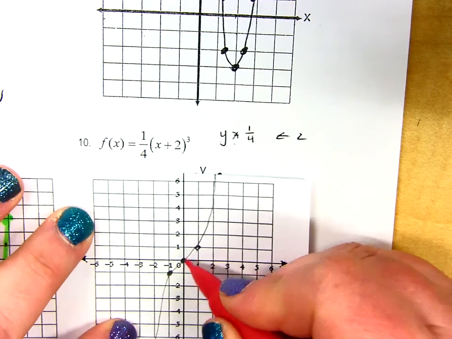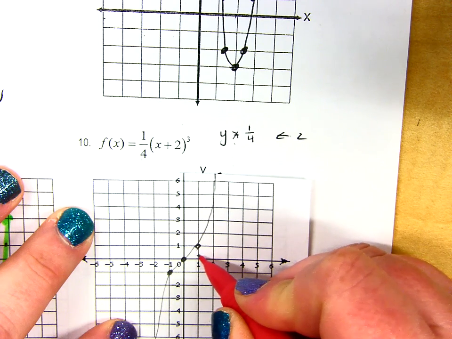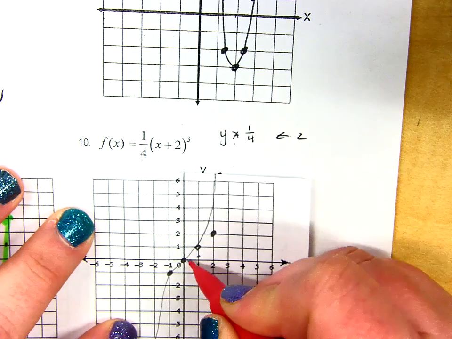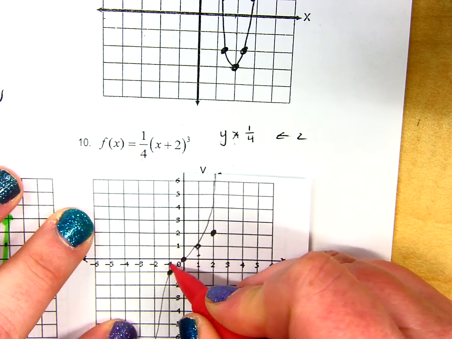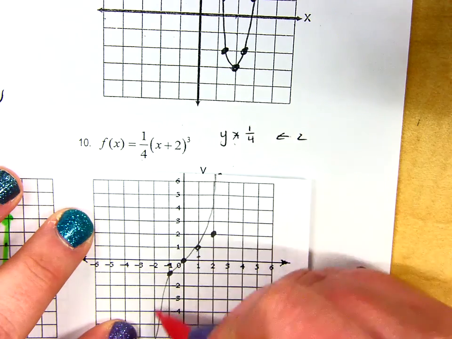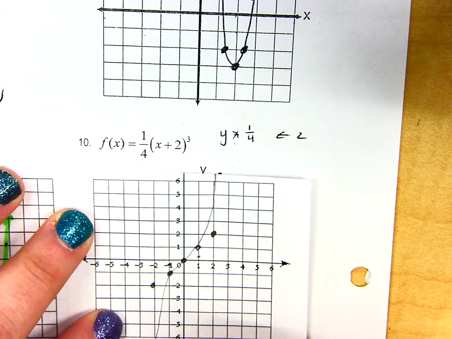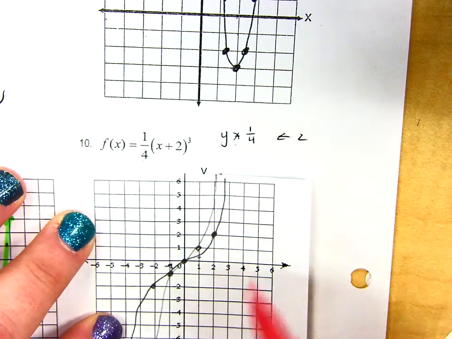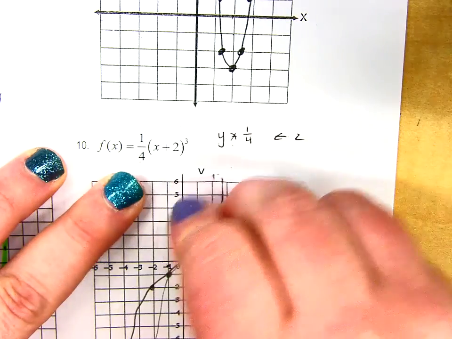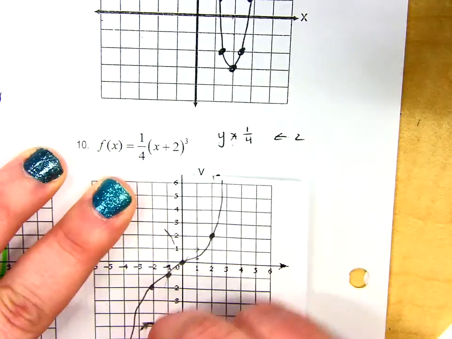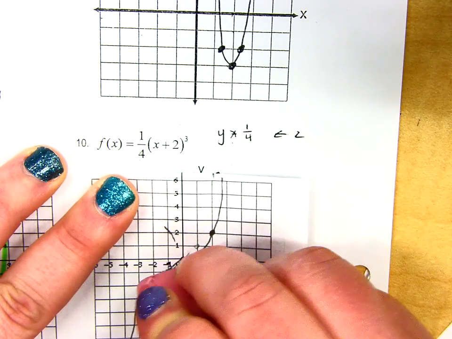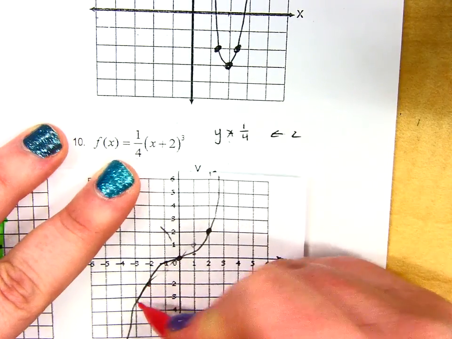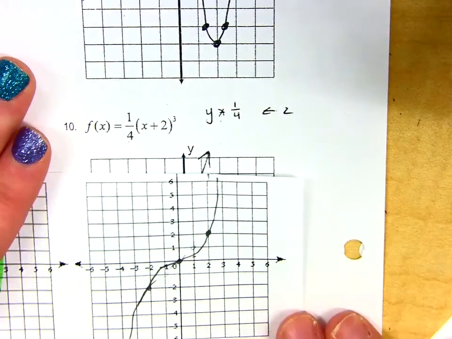Okay? So 0 stays. 1 now becomes 1/4. 8 now becomes 2, right? Negative 1 would now be negative 1/4. And the negative 8 becomes negative 2. So I now have this going on. I think I messed up a little bit right there. That should be at a negative 1/4, so like that. That's better. Okay, so I did that part.